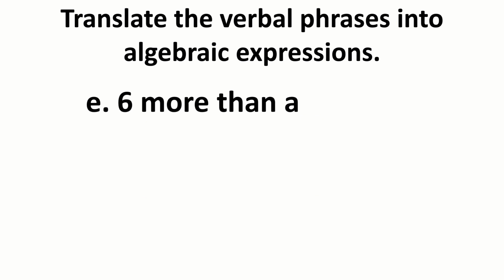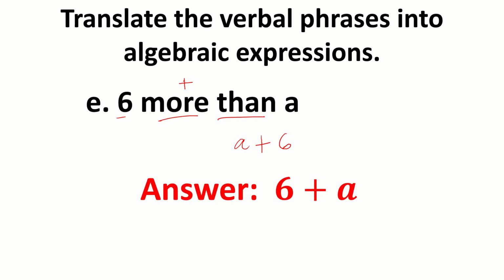Okay, let's have E. 6 more than A. So take note, there's a word more, so plus, but there's a than. So start here by writing 6 more than, instead of putting it on the right, you put it on the left. More than A. So the correct answer is A plus 6.